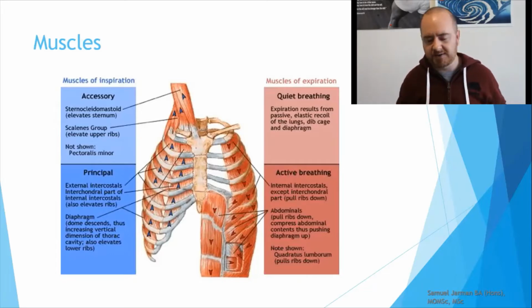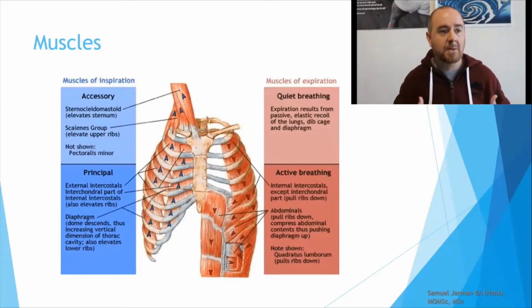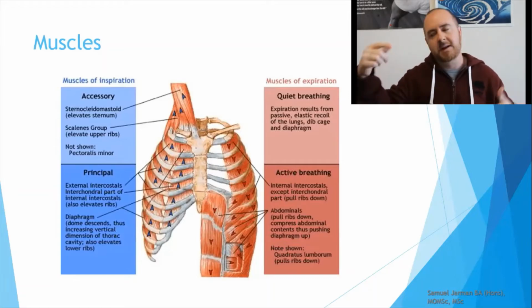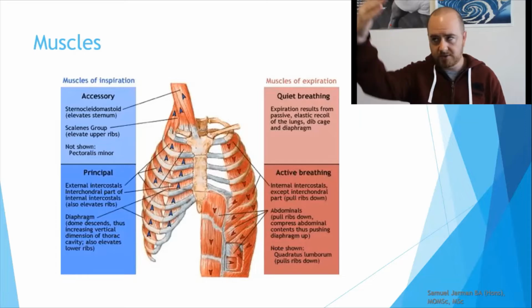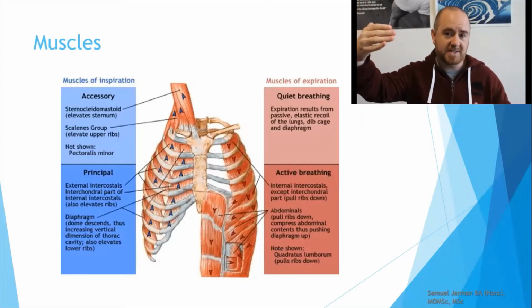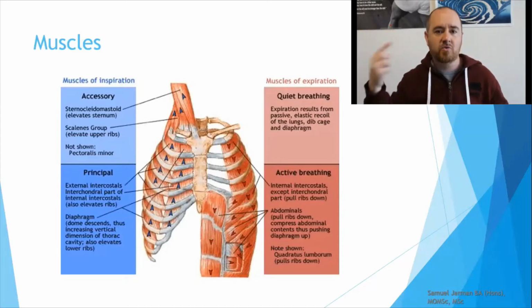So the descent of the diaphragm makes the thoracic cavity larger to drop the pressure to create a vacuum. So you make the cavity larger, keep the contents the same, the pressure drops. And then the gradient for breathing, so atmospheric pressure outside of the body versus the thoracic cavity. When you make the thoracic cavity larger by dropping the diaphragm, you create a pressure gradient.